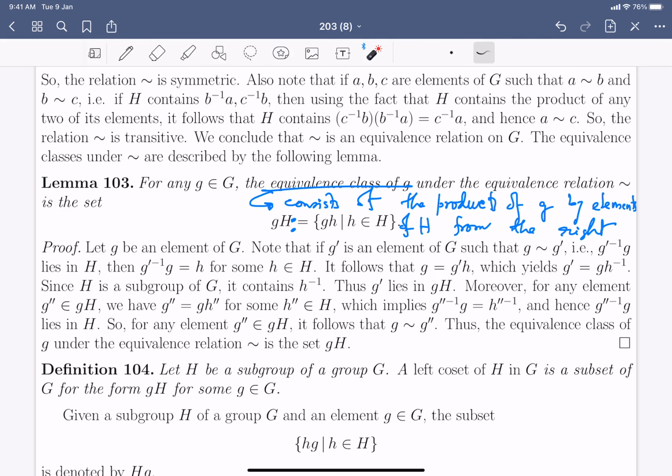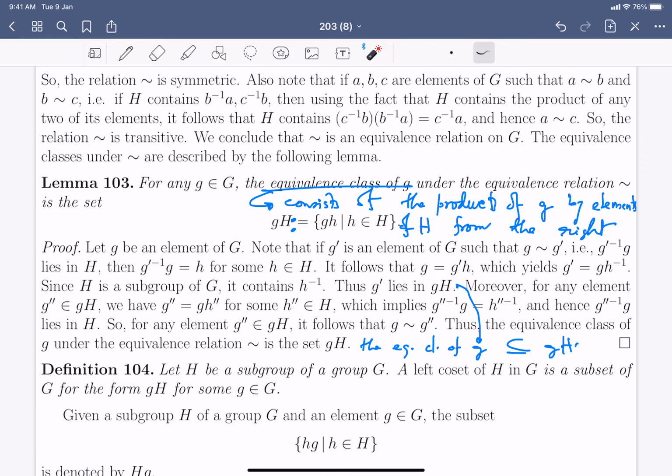In other words, the equivalence class of the element little g is contained inside gH. That is what we have proved.